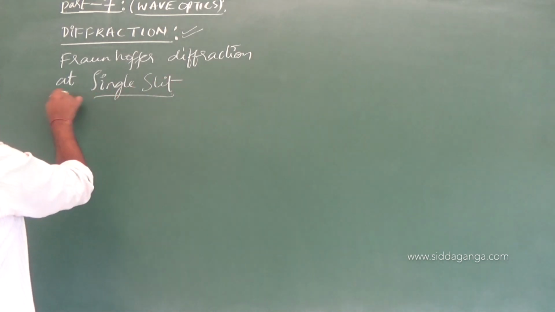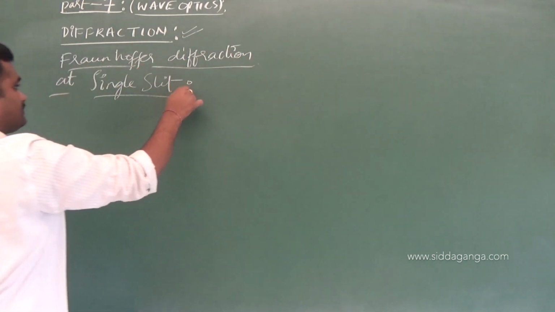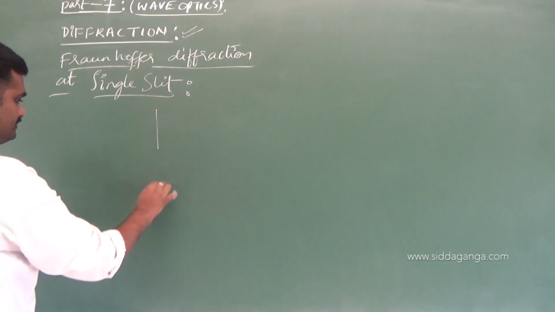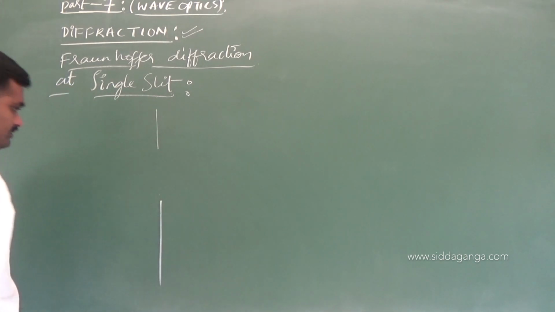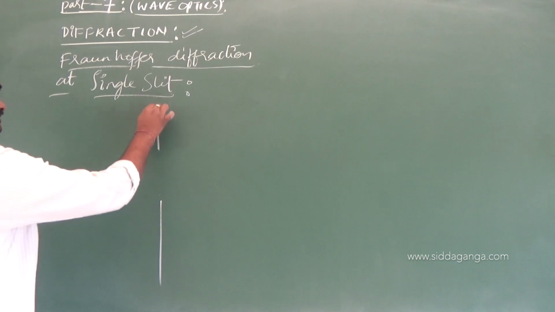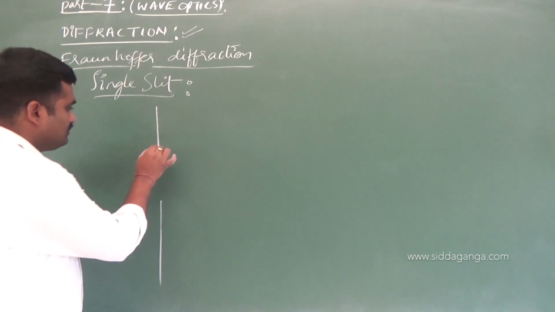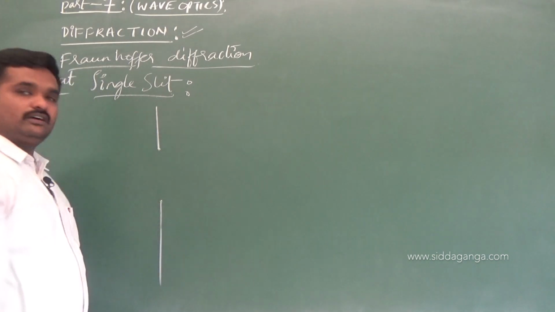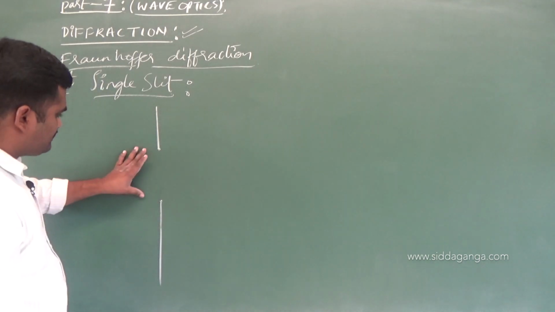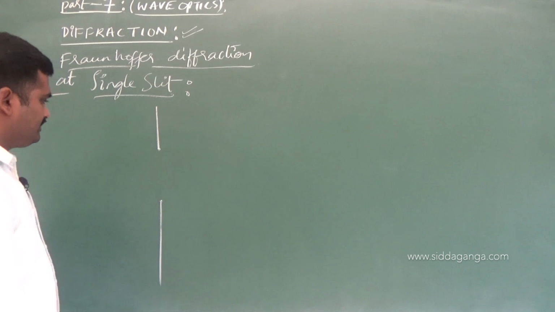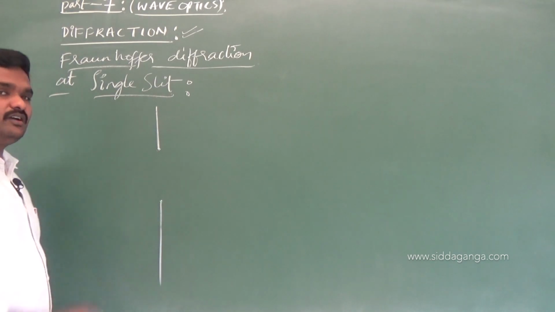What is this? I'm going to take a cardboard which has a single slit. These are the two edges of this slit which I am going to consider. Let's say it is of certain width d. Small d is the width of this single slit I am going to take.